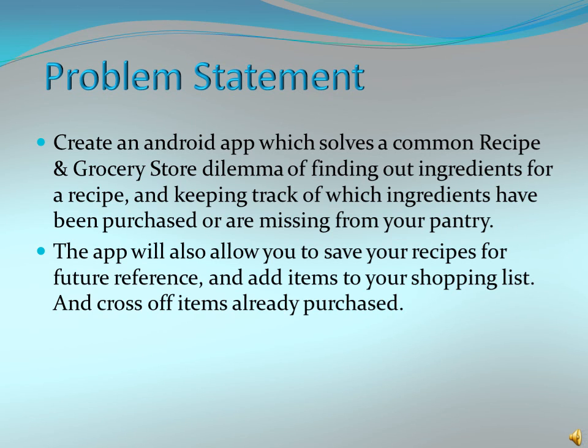This app will allow you to save your recipes for future reference, add items to your shopping list, and cross off items that you have already purchased, including ingredients in a recipe, so that you know which ones are missing from your pantry and which ones are not. So when you go to the grocery store, you'll know exactly which items or ingredients are missing or not, as long as you keep track of them on the app in the phone.